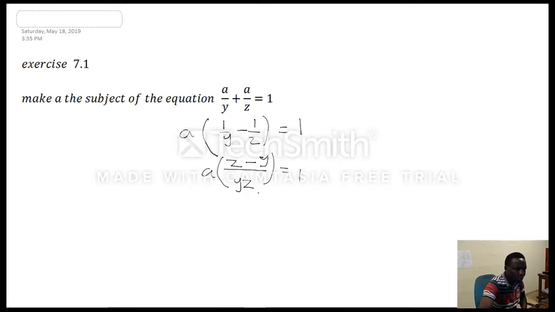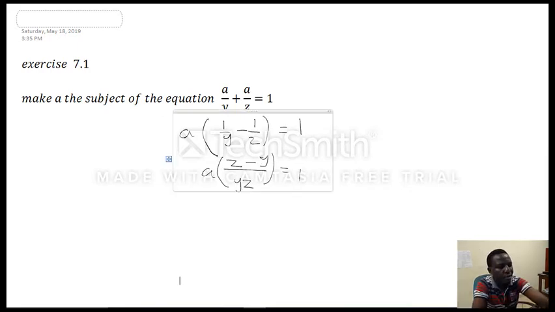So we are going to multiply both sides by the reciprocal of what we have in this bracket. So by doing that, we are going to have this.